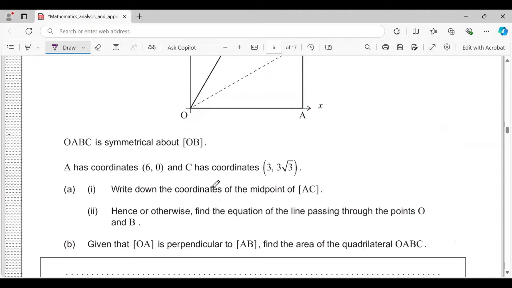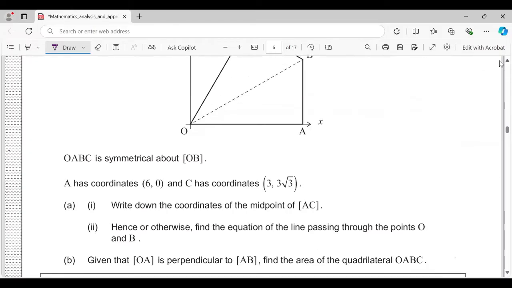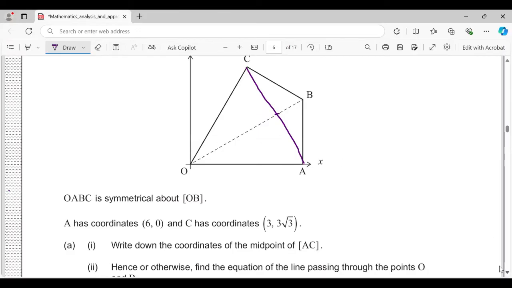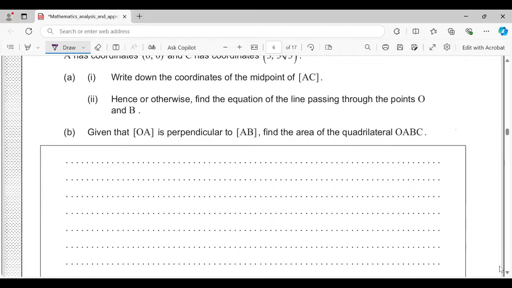Write down the coordinates of the midpoint of AC. So the midpoint of AC. If we create the straight line, it will be like this, AC. And this midpoint we are going to find.